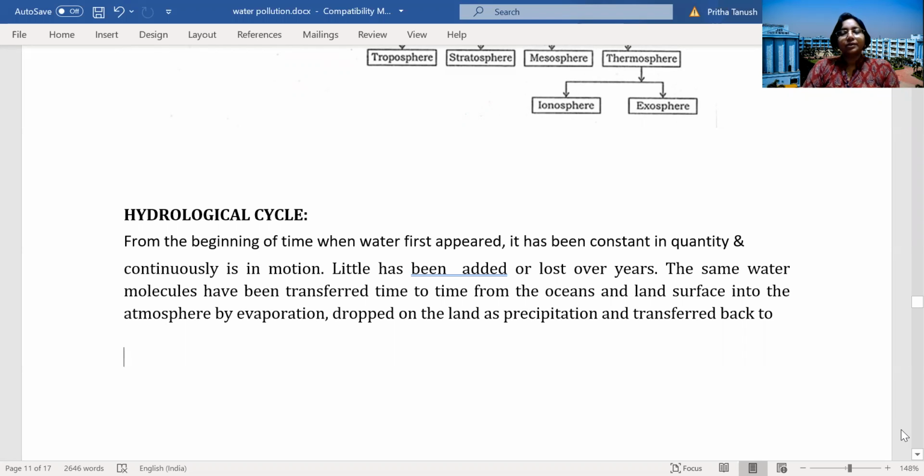Biological substances are involved, chemical substances are also involved, and geological substances like sulfur and phosphorus, which we get from the rocks, are also involved. That is why the name is biogeochemical cycle. And this includes the hydrological cycle. Hydrological cycle is the water cycle.